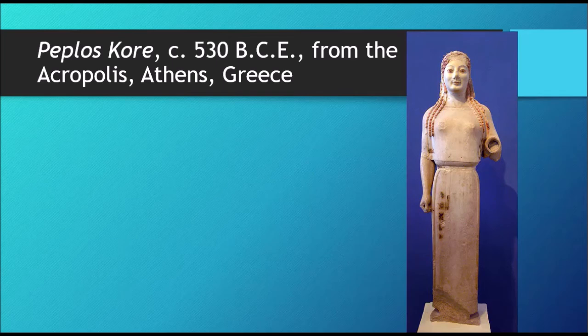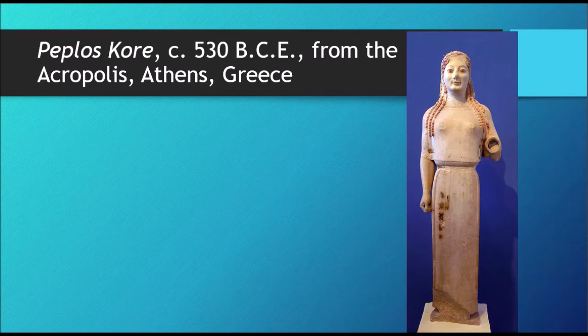And if you look at her smile and her hair, they're considerably less stylized. Again, painted, both the body and the clothes, and it would have made her seem more lifelike. And she might have worn a metal crown, and she might have had some jewelry.